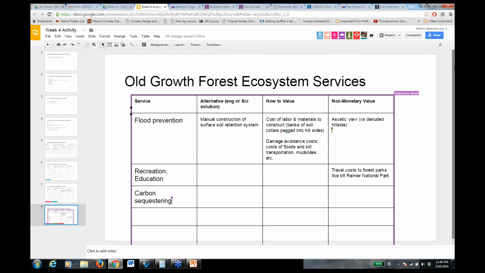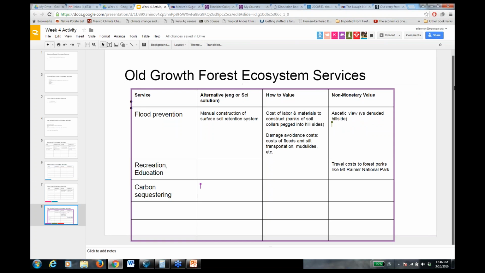Let's see. Old growth forest seems to be one that we have a lot of people working on. So they also prevent floods. You can manually construct a surface soil retention system if you wanted to go ahead and cut all these trees down. How to value it? You could calculate the cost of labor and material you would need to construct these sort of soil banks.